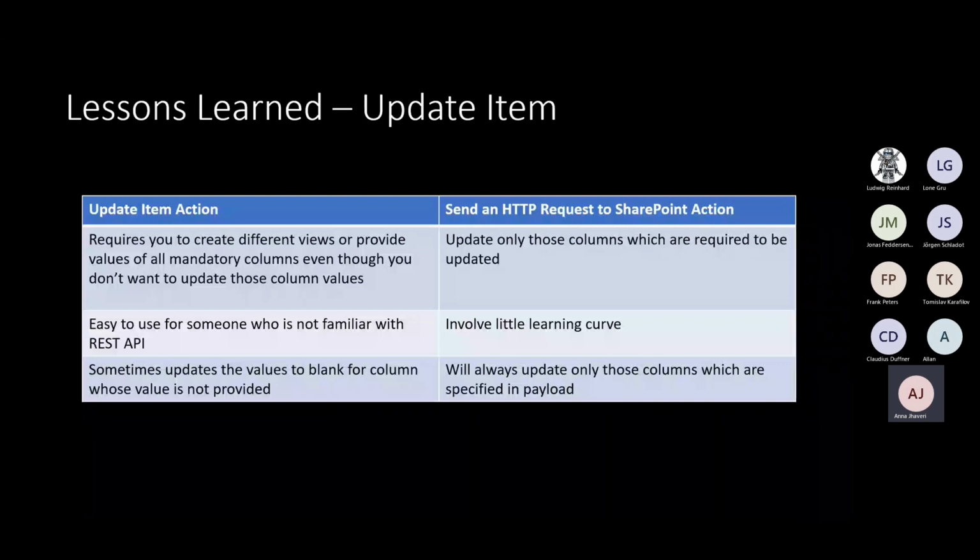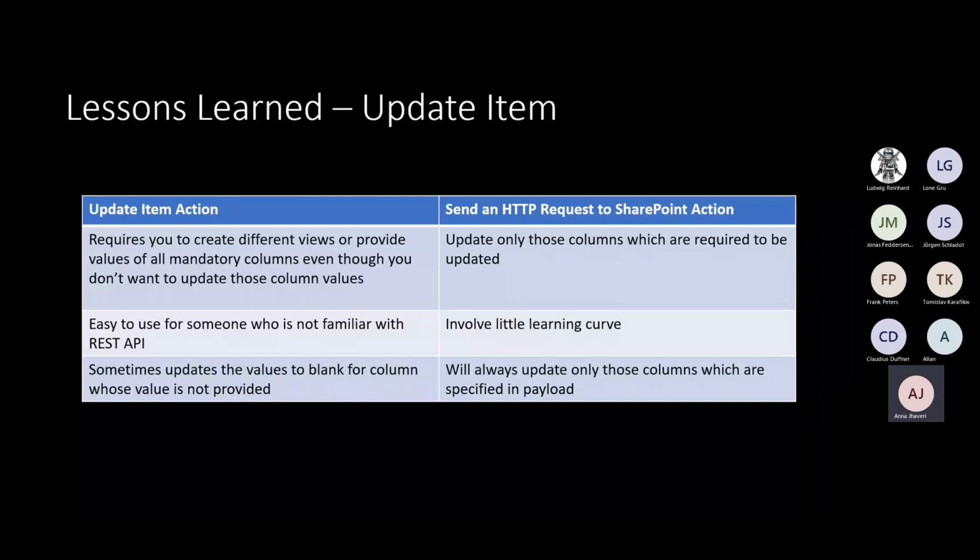So what are the differences between using the two actions? You can perform the same operation of updating an item in a SharePoint list, but what are the differences? For example, if I'm using Update item, I'll be able to explain better.